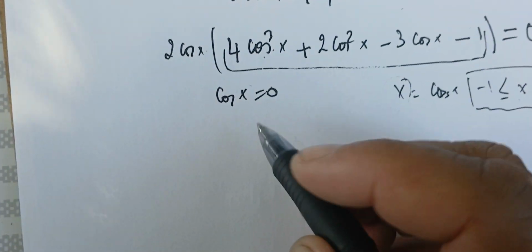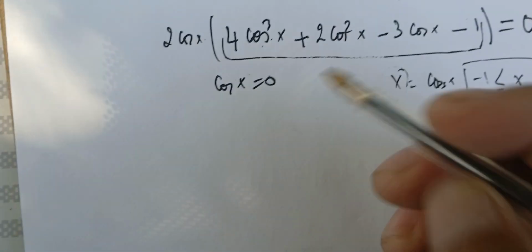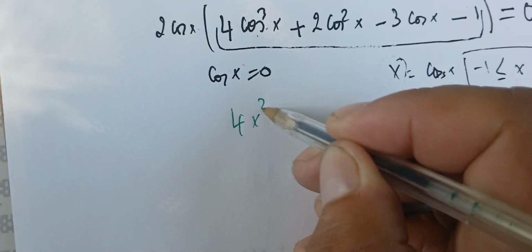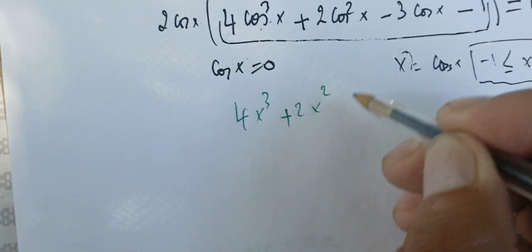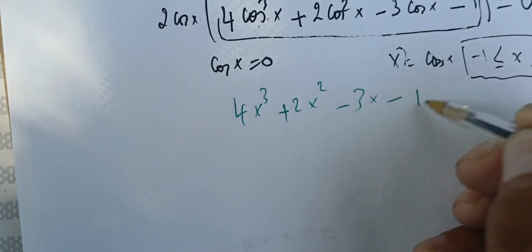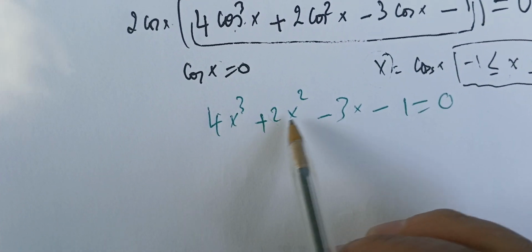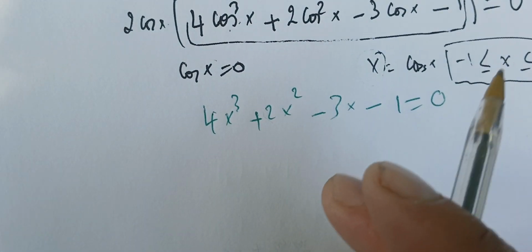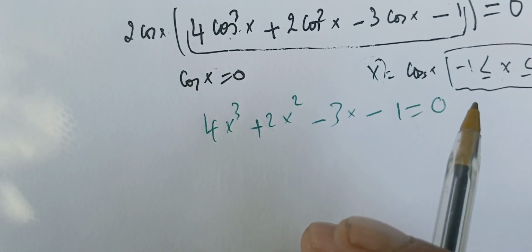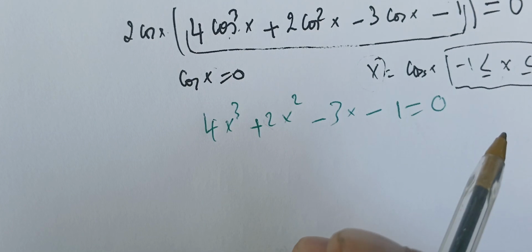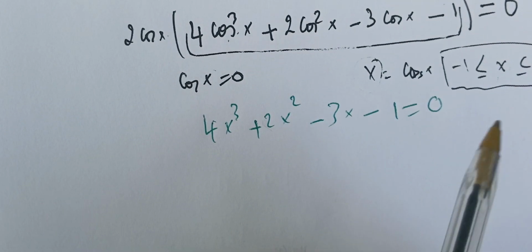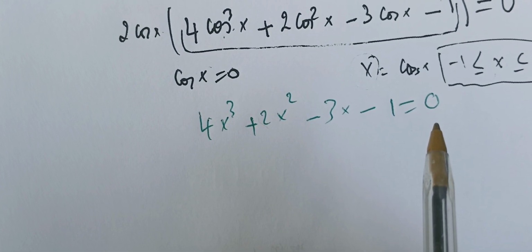When I do that, I get this new equation: 4X cubed plus 2X squared minus 3X minus 1 is 0. Now this is a third degree polynomial, but I note that -1 is a solution.